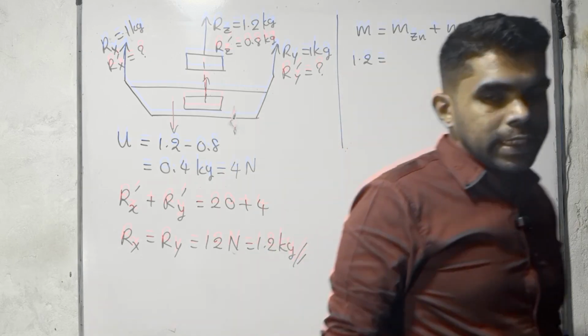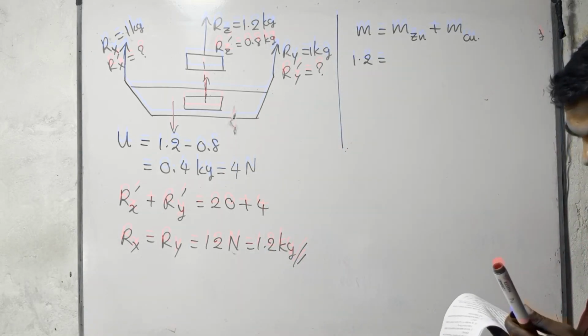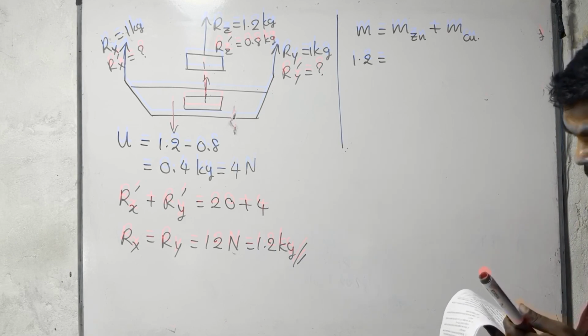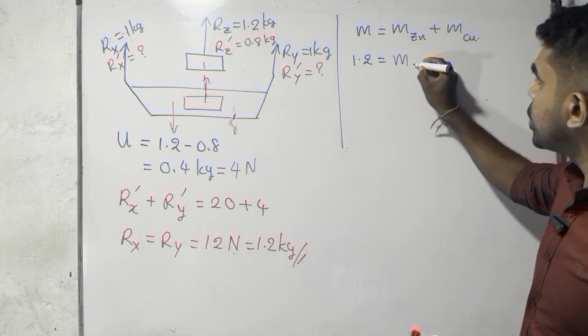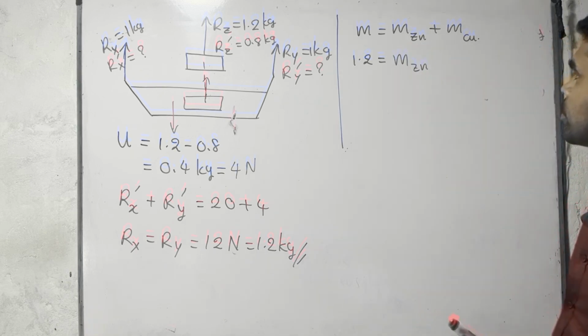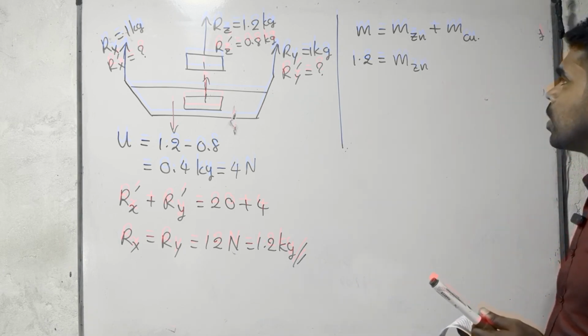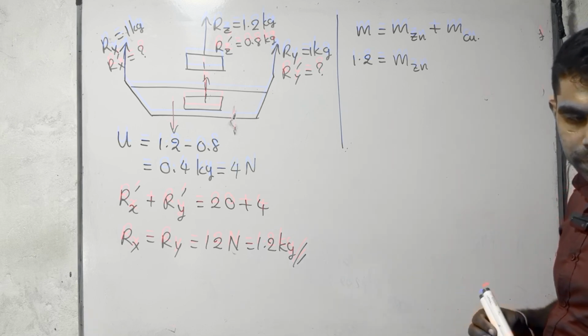And we have to find the zinc mass in the block. Then I will write this one without any change, zinc mass. And we have to substitute copper mass.